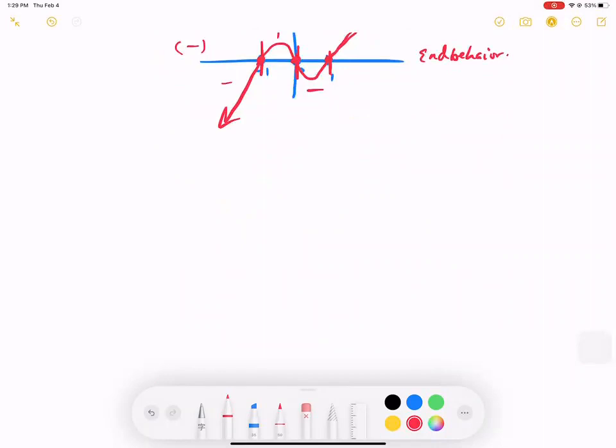Let me give you another problem here. This one is a huge one: x to the 5th plus 6x to the 4th plus 12x cubed plus 8x squared. This is some crazy expensive graph.